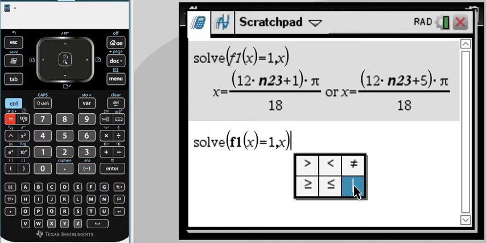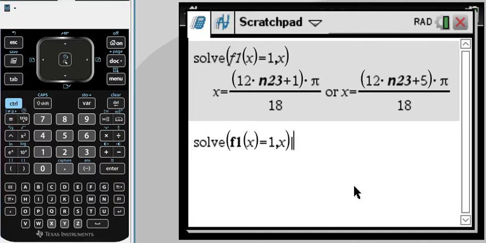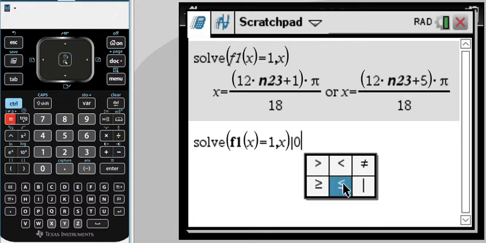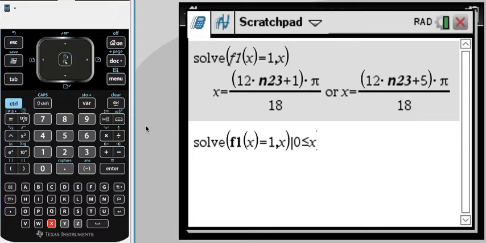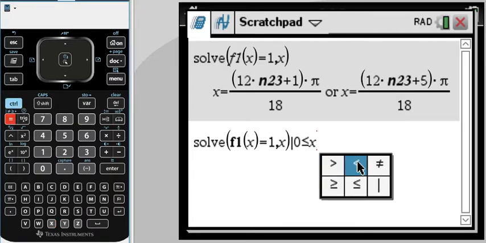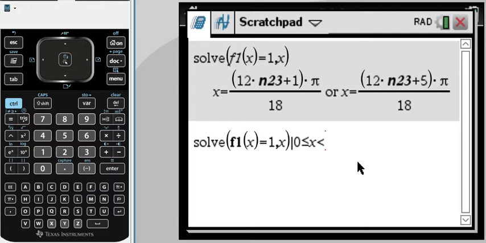It means such that. So I want to solve this such that 0 is less than or equal to x, which is less than, let's suppose I want it to be less than pi. I can just type pi in, or I can find it right over here on this button. So now I'm only going to find those solutions that are between 0 and pi, rather than the general solution.